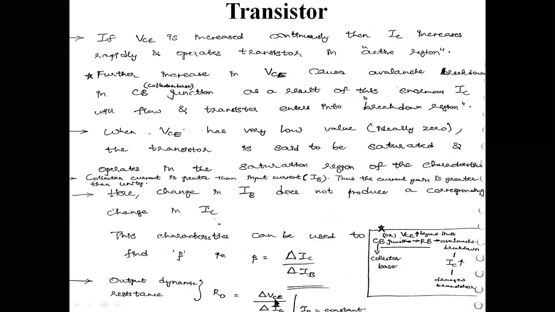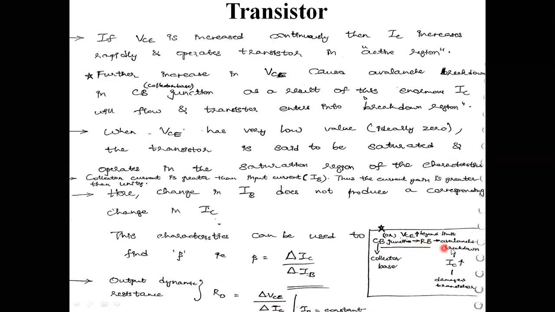R naught is equal to delta VCE by delta IC, by setting a constant parameter, that is IB equal to some constant.